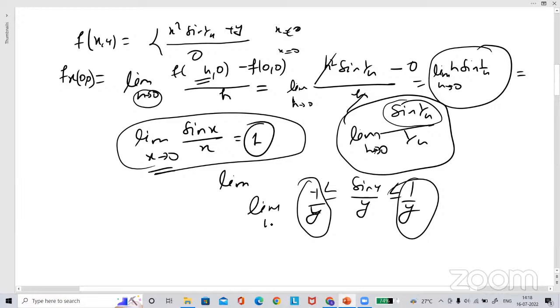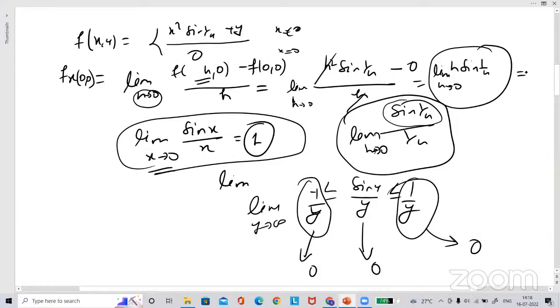I want to find the limit as y goes to infinity. This is going to be 0 and this function is also going to be 0. So the sandwich theorem tells us this should go to 0. This is the proper way of finding the limit.